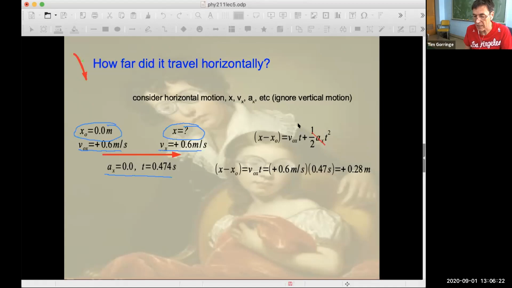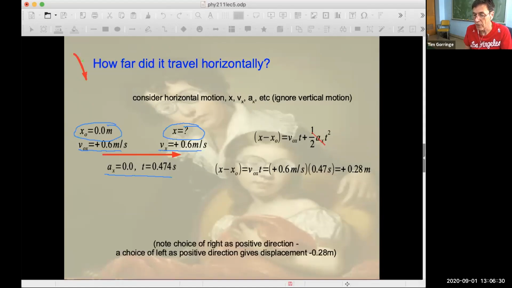And a key thing here, which makes it very simple, if you look at that equation, is we've got 0 acceleration. So if we've got 0 acceleration, this second piece goes away. And the displacement is simply the product of the initial speed times the elapsed time. So that's what I've written out down here.